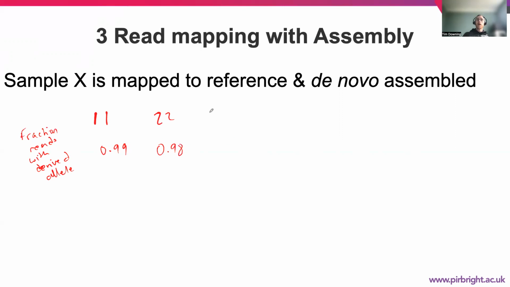It's quite high. We might have a site 33, and here maybe it's 0.41. A site 44, where it's 0.95. A site, let's call it 50, where it's 0.23, and some site 66, where again it's 0.97. And maybe another one is site 77, at 0.99 again.